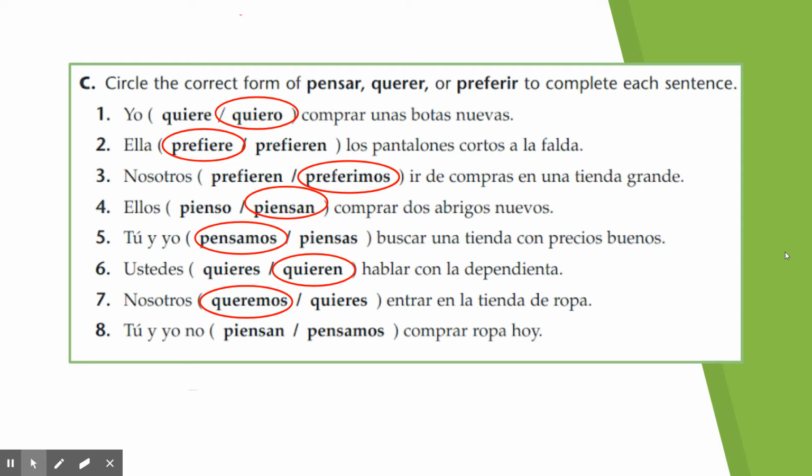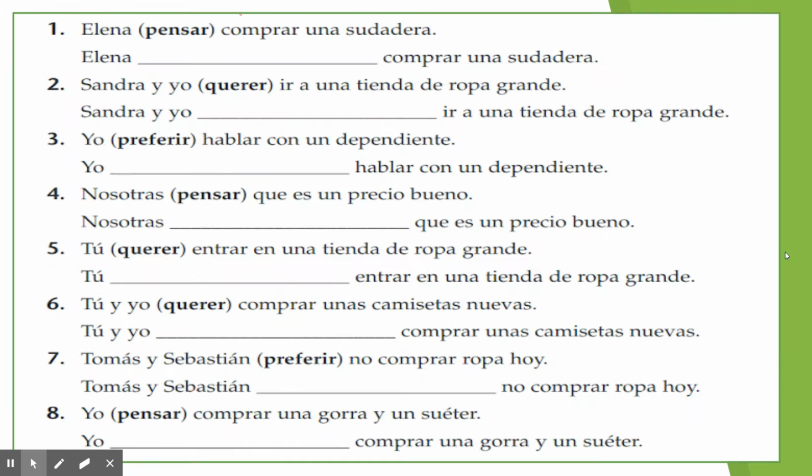Tú y yo no pensamos comprar ropa hoy. Okay, I want you to go ahead and press pause here, and on a paper, I want you to write out what you think the form of the verb should be based on this sentence. You just need to write out the form. Press pause, come back when you're finished.